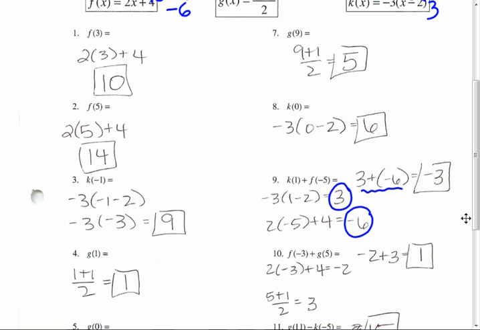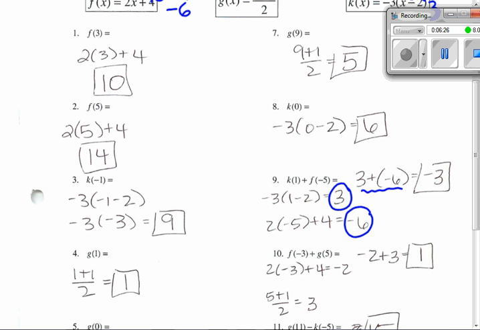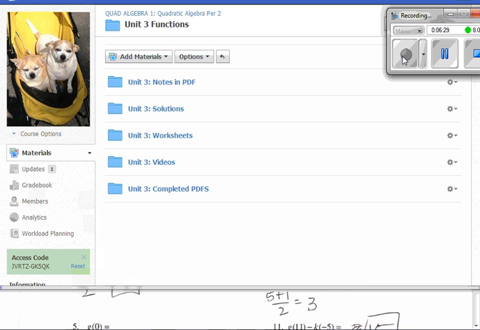I apologize that the PDF I made from the smartboard is in the wrong order. Where do you find it?